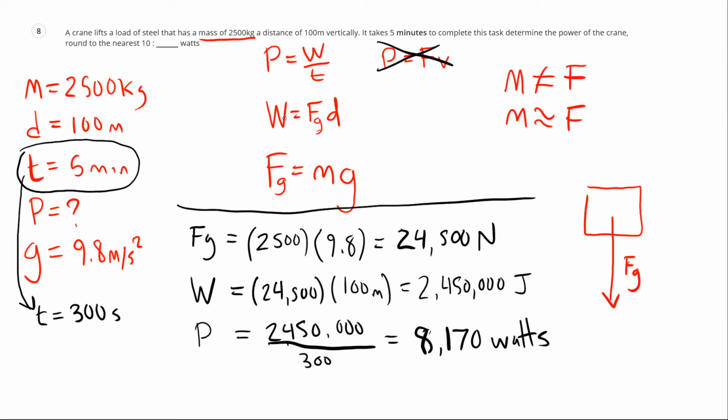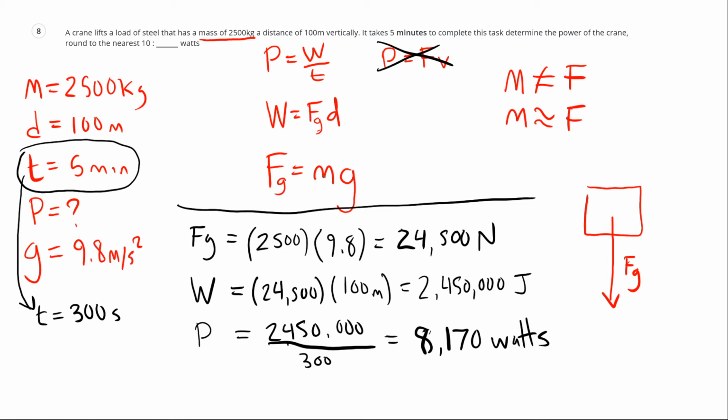So I stated my work formula, and my work formula showed me that I needed a force times a distance. Well, I saw that distance was over here, but force was not. So that meant I'm going to need to find some sort of force. The force formula was then stated, and we determined that the force we were going to be talking about was the force of gravity acting on that object in a downward direction.